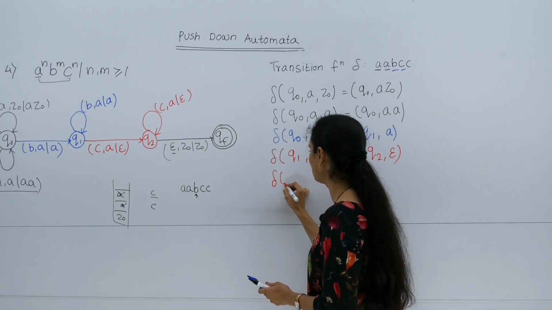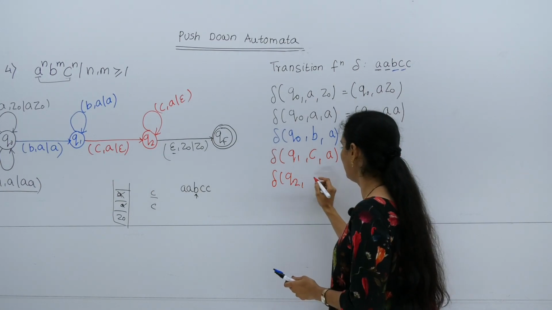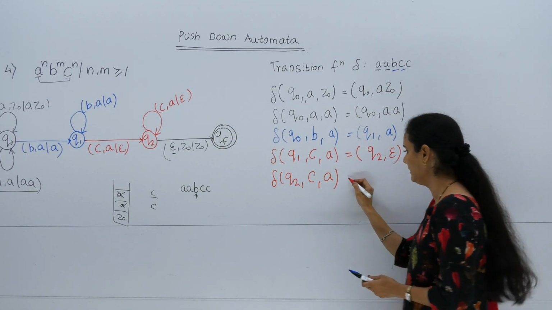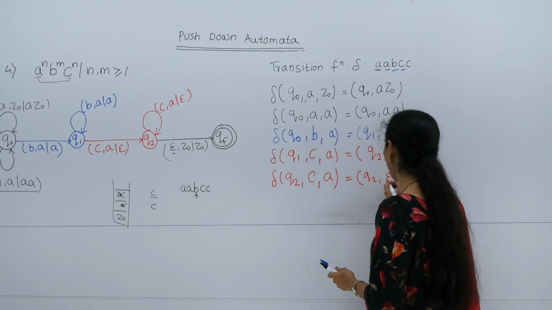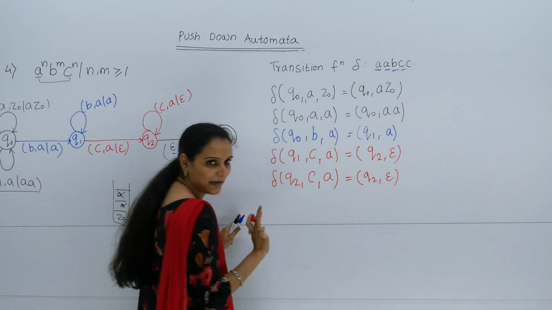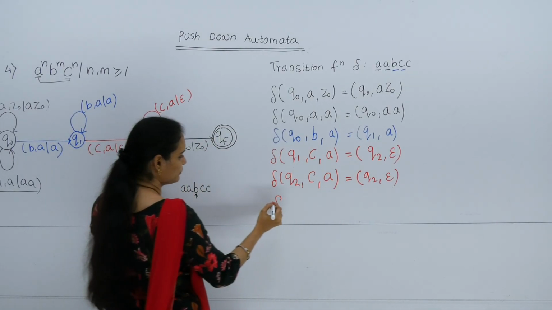Next, we are at the Q2 state and we read the second C, the top of the stack is still A, and the pop operation is performed. Now our stack becomes empty and we are at the Q2 state.